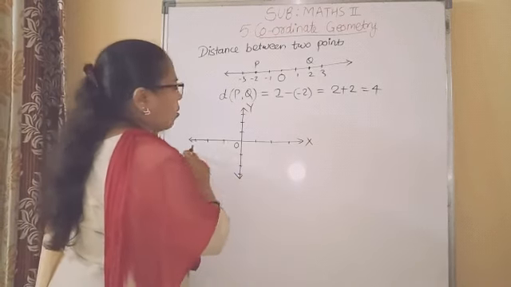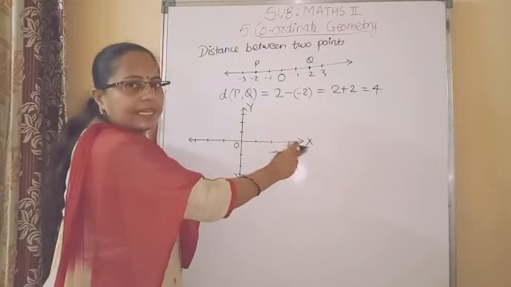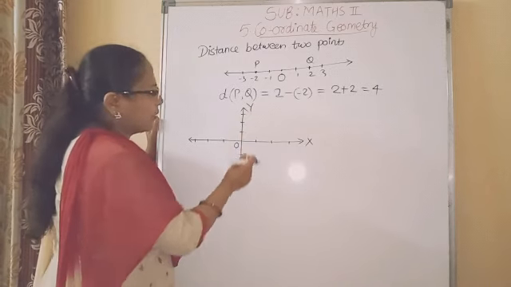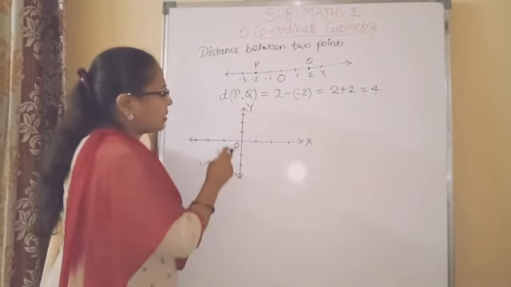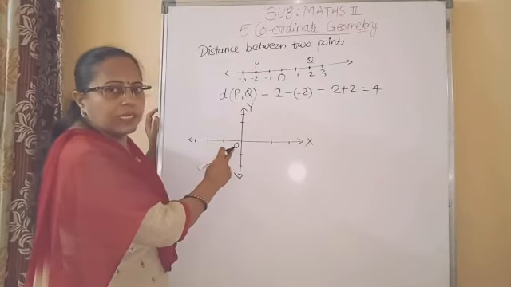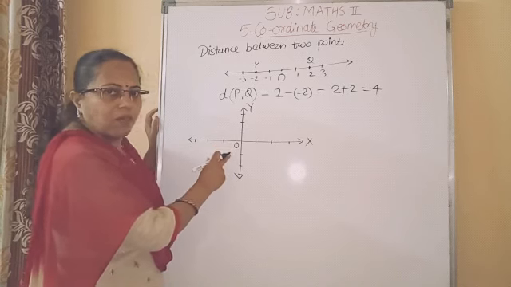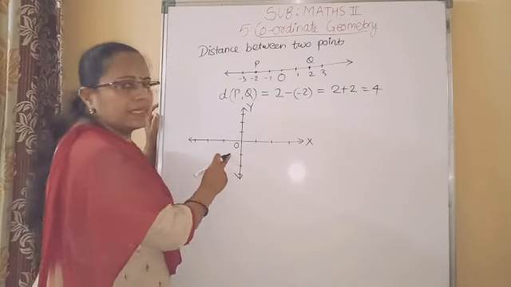This horizontal number line is called the x-axis and the vertical number line is called the y-axis. The intersection of these axes is called the origin O. This basic we already studied, we just revised it.